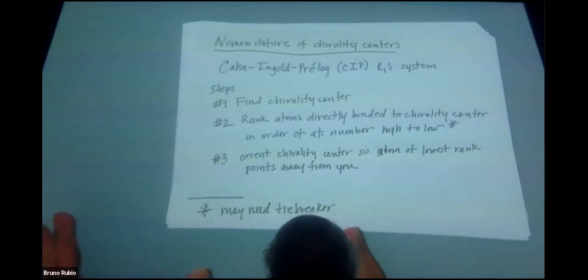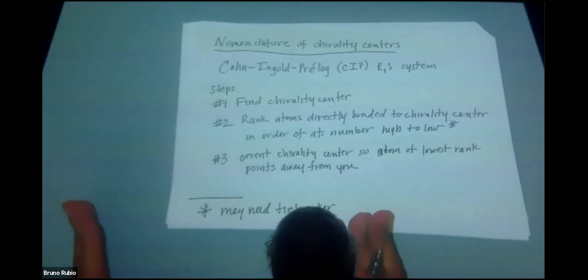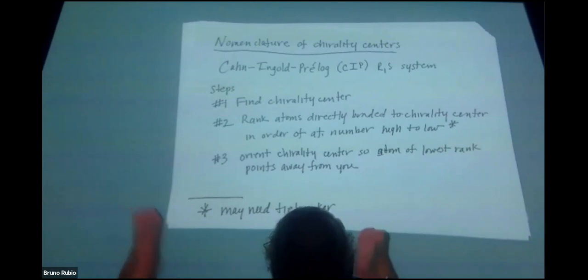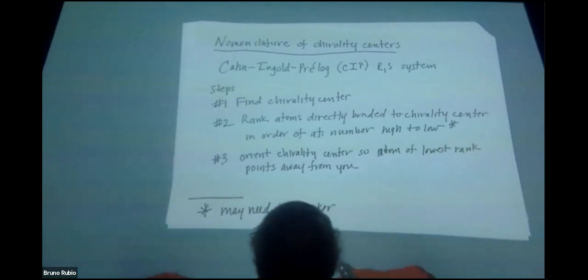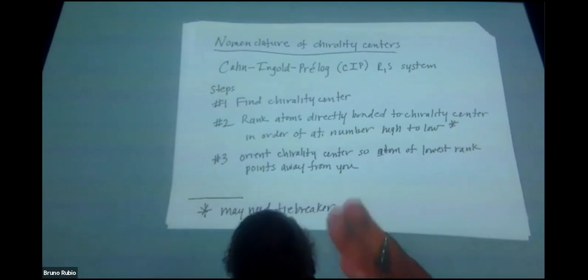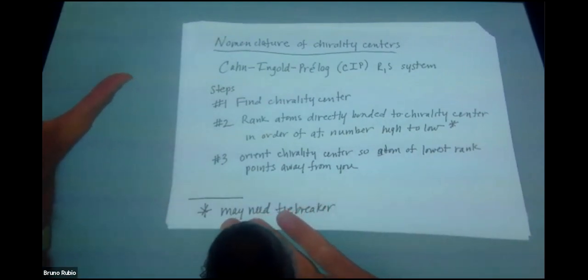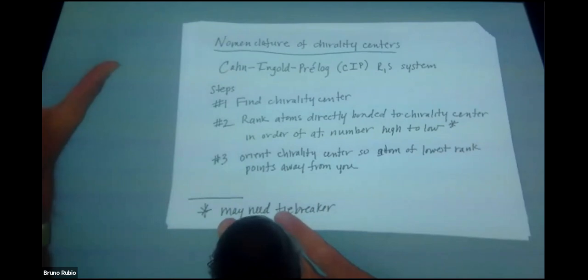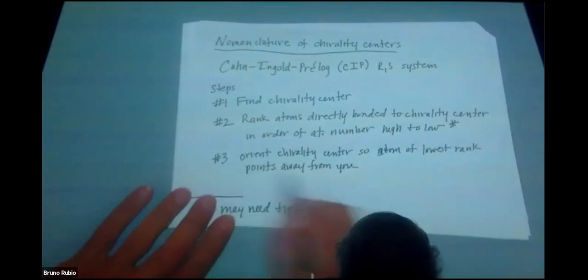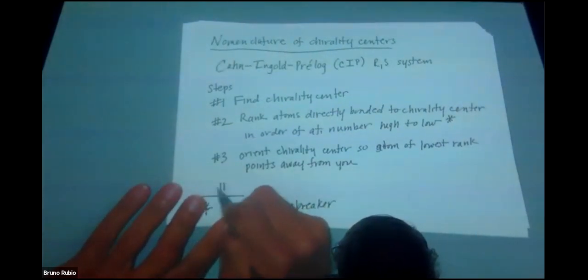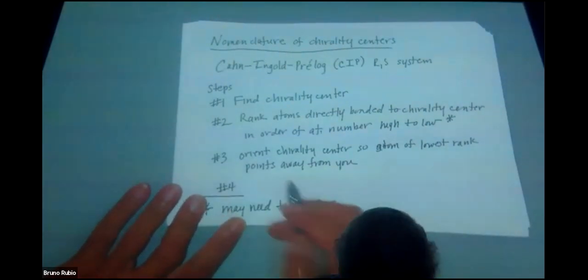That's the hard part, right? If you have zero visualization skills, you're going to have to use models. But what you want to be able to do is to look at the model, and in your imagination, you want to be able to orient the chirality center so that the group of lowest rank, or the atom of lowest rank, is pointing away from you. That's the killer.